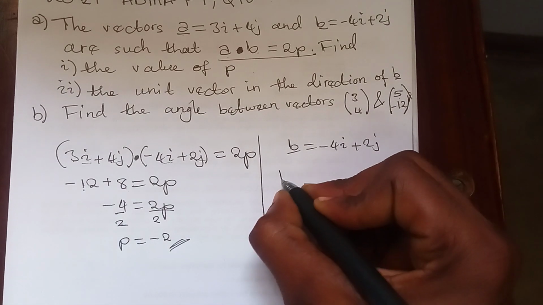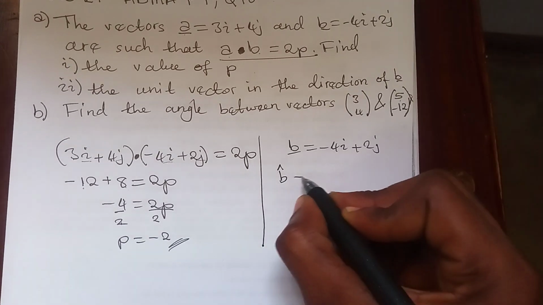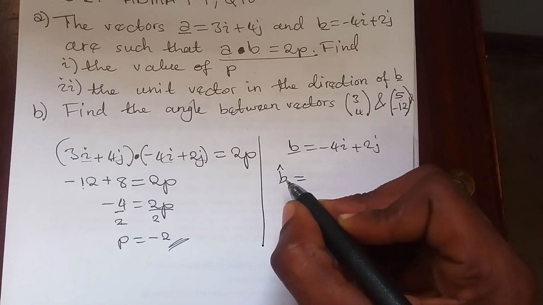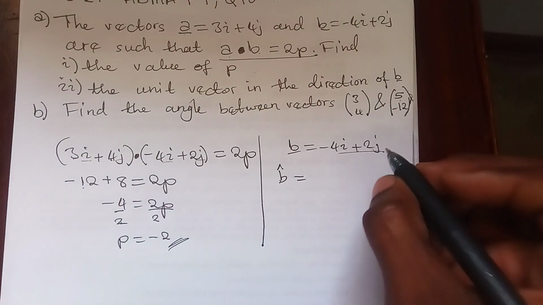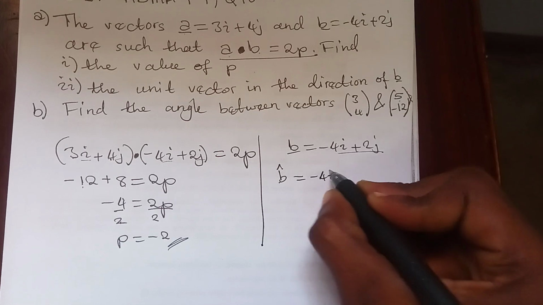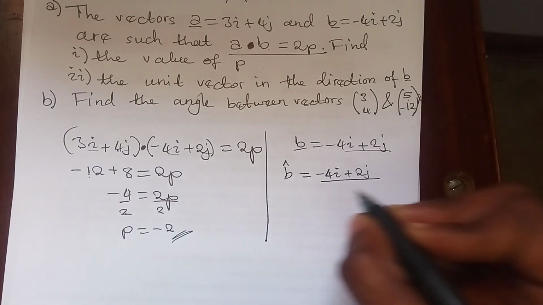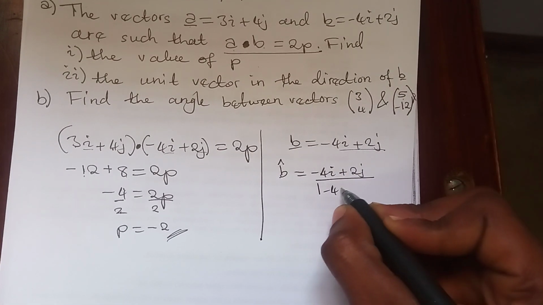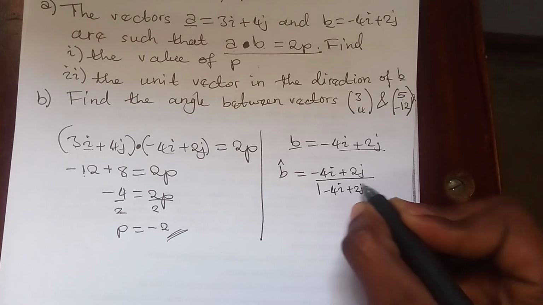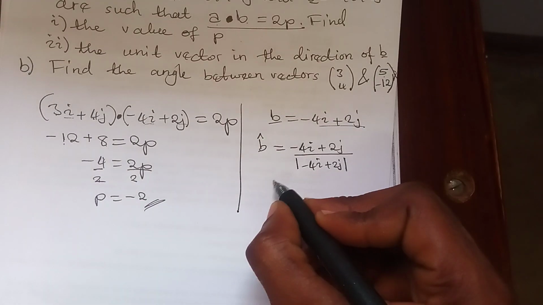So the unit vector, we normally say b cap, in the direction of b is given by the vector b, which is minus 4i plus 2j, divided by its magnitude.